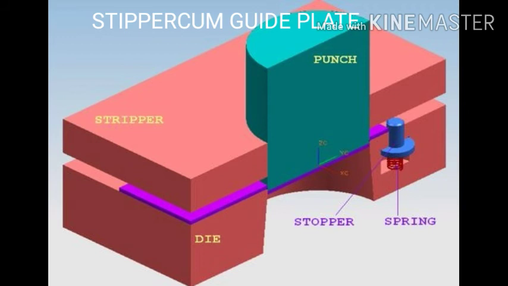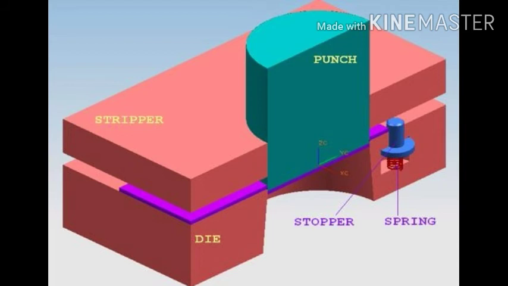Stripper cum guide plate. You can see the image of the stripper cum guide plate, or box stripper. It looks like a box, so it is called the box stripper. While performing the cutting operation, the punch penetrates the stock material and enters into the die.